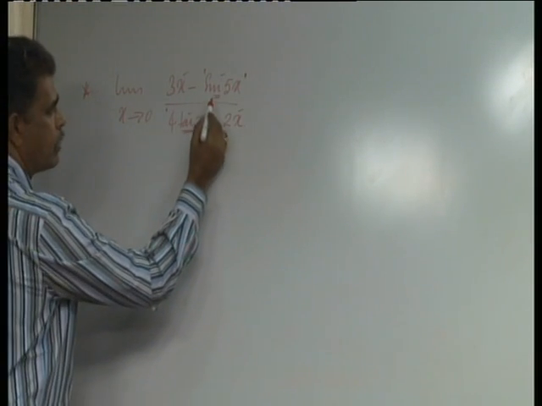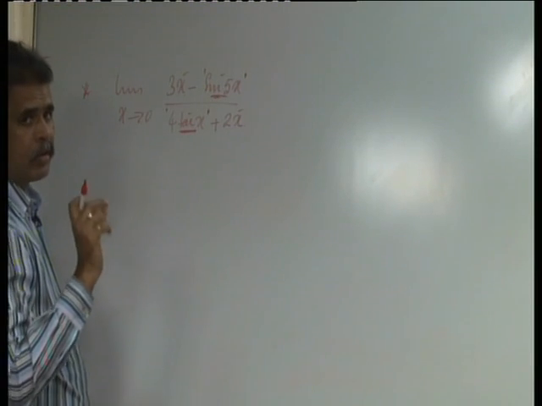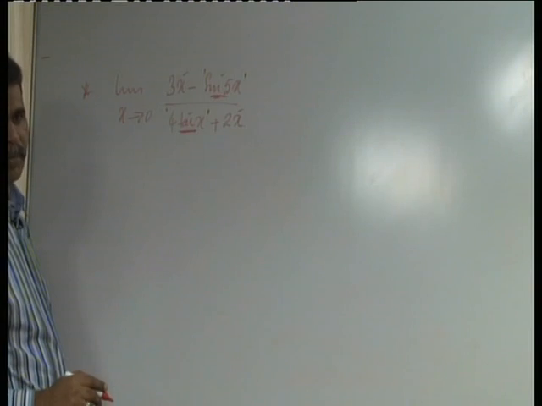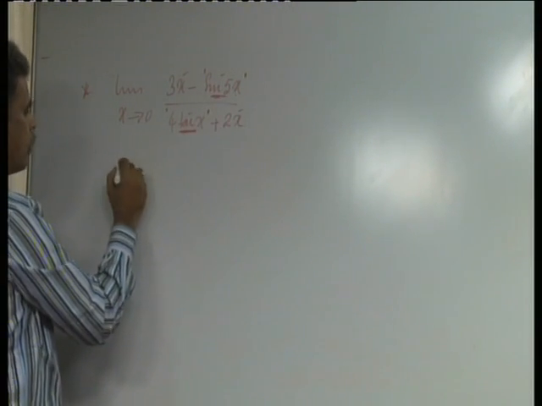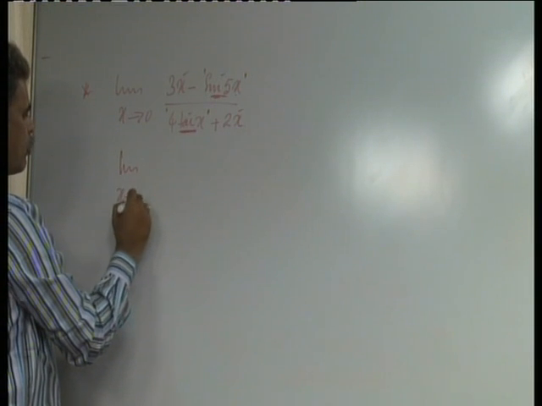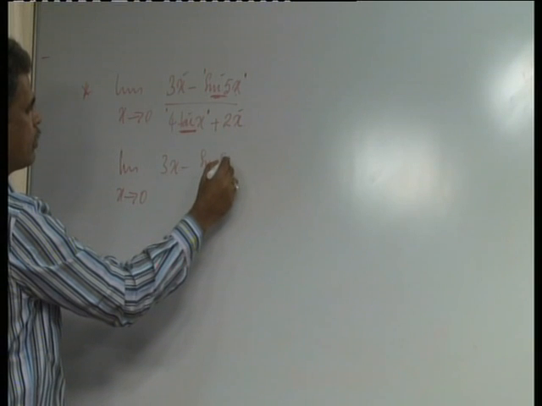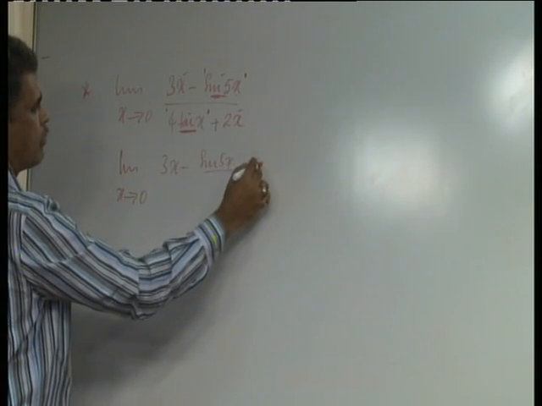Wherever you find the sin function and tan function, for that only you take it into a standard form. How to take this into a standard form? You can take it by multiplying and dividing sin 5x by 5x only.